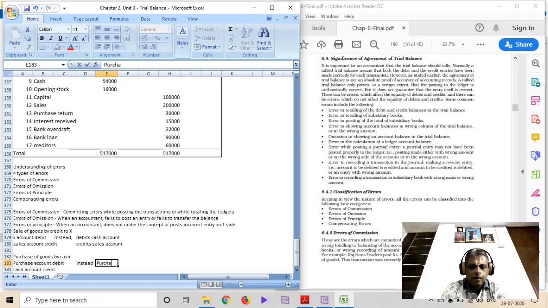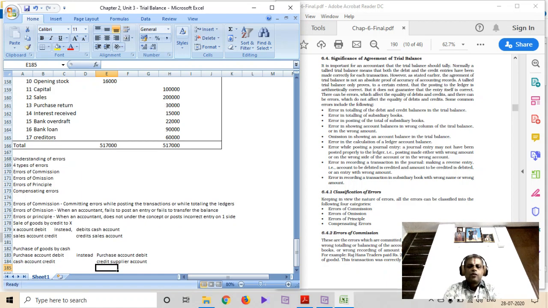So here cash is paid, but cash is not accounted. Instead, the supplier creditors account has been credited. So these are errors in principle, where the accountant makes an error without understanding the concepts and posts it to the incorrect account.